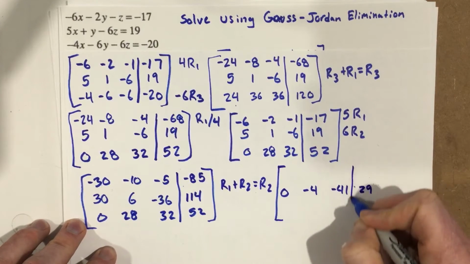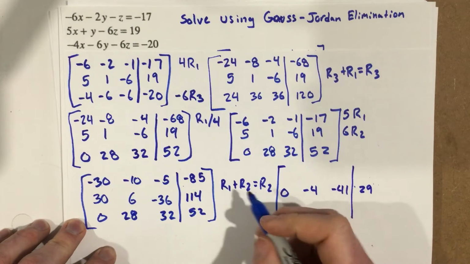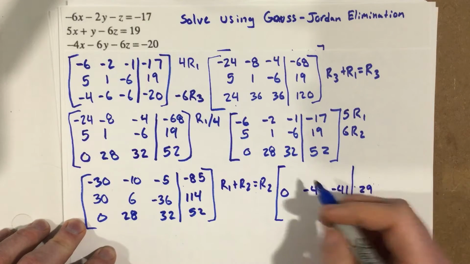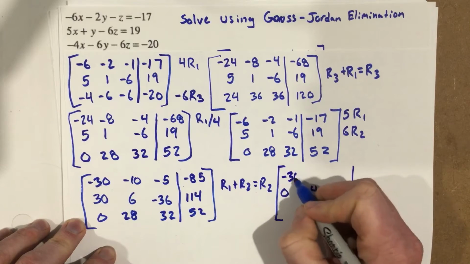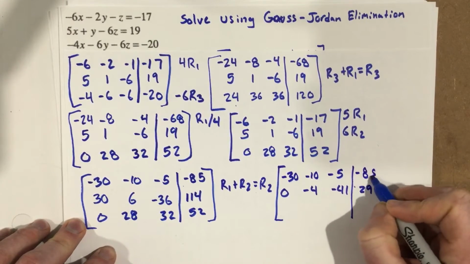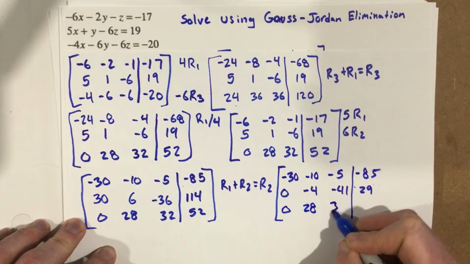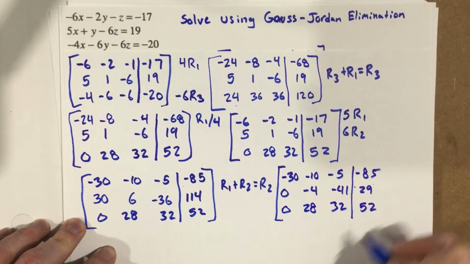I'll do it in separate steps, like I said earlier. Negative 30, negative 10, negative 5, negative 85, then 0, 28, 32, 52.